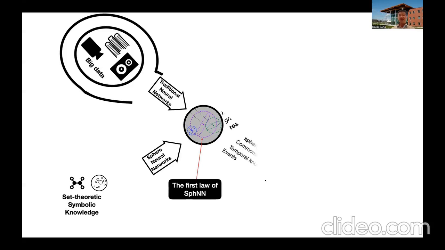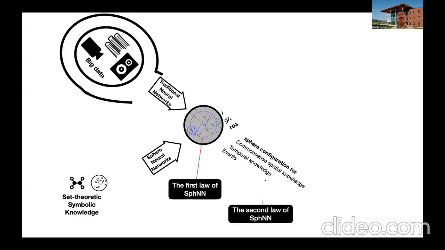The second is that using sphere configuration, we can represent common sense knowledge of space, time, and event. And this should be more fundamental to develop abstract concepts like point. The second law of the sphere neural network is that it is more fundamental.